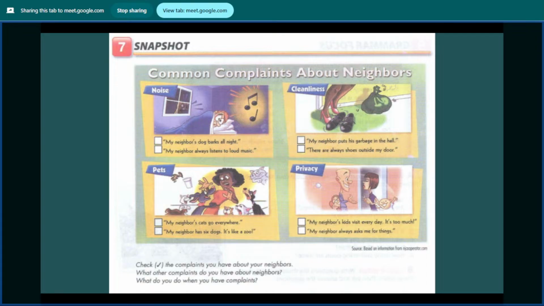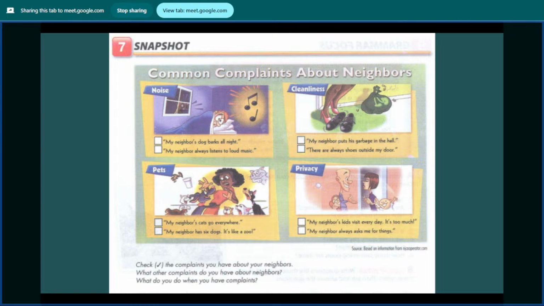Sampada, try to leave and rejoin once. Okay, ma'am. Let us wait for her for 1 minute. Yes, ma'am. Is it visible now?